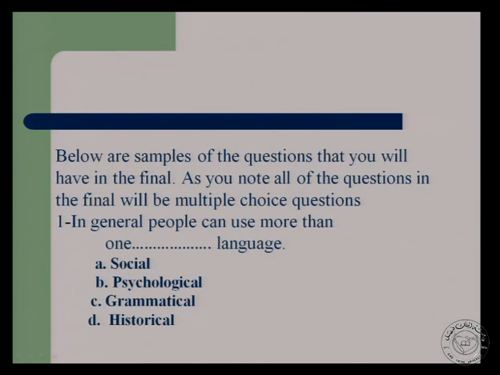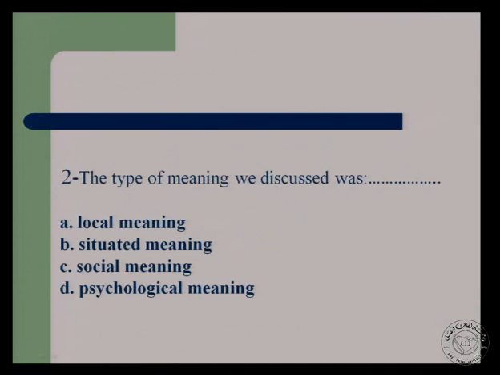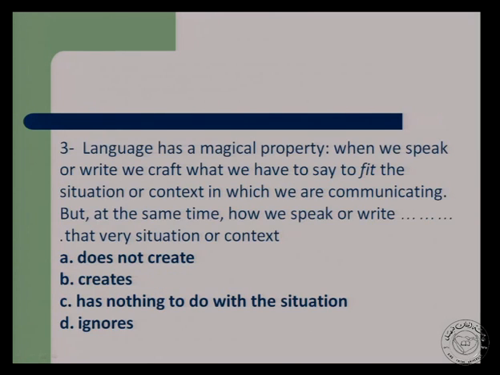You have 3 questions. This is 1, and this is 2. As you have seen, the type of meaning we discussed was A, B, C, D, and you have to choose one of them. And you have a 3rd question. In other words, I have given you 3 questions that could be considered good samples, good examples of the type of the question, inshallah, that you are going to have in the final exam.